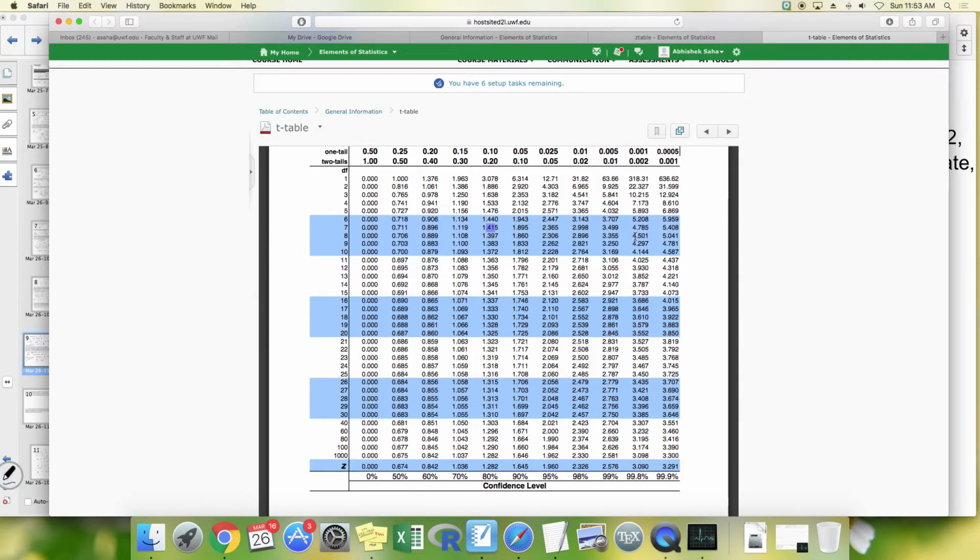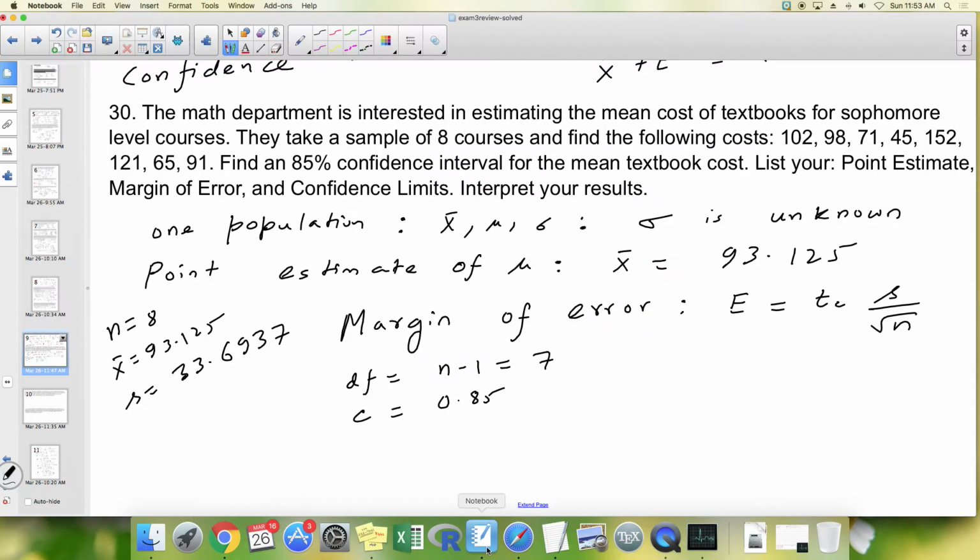I will take the average. That's not an exact thing to do, but with our current t-table, that's the best we can do. So for 85%, it's the average of 1.415 and 1.895, which is 1.655.